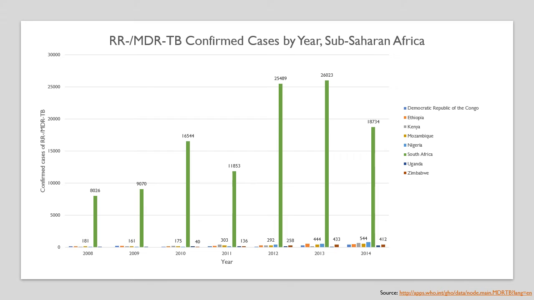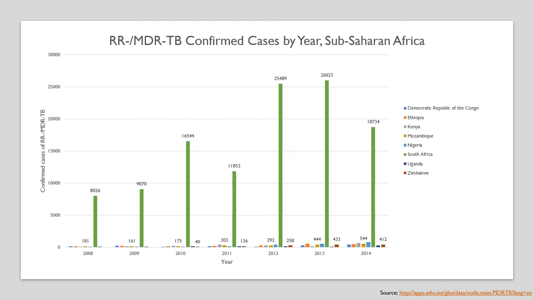But then if we go to the cases in sub-Saharan Africa, we see that we have a little bit of a discrepancy. First, let's take a look at these lower numbers. They're still very high. In Uganda, we can see Mozambique and Zimbabwe. These numbers below are still higher than the numbers that we saw in the developed nations.